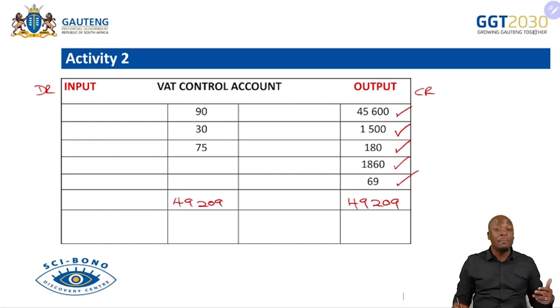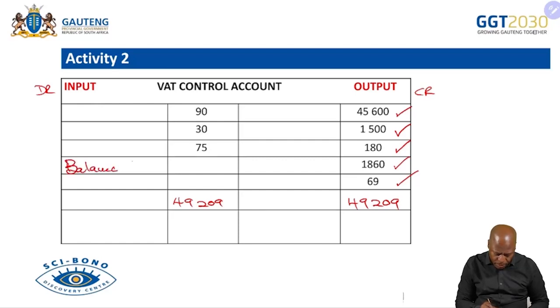Why? Because it is the bigger amount. Remember, closing of a ledger account: if the credit is bigger, I then put it on the debit side as well. Then I'm going to get my balance carried down. That means I'm going to come here and get my balance carried down. I'm simply saying my 49,209 subtract the 90, the 30, and the 75.